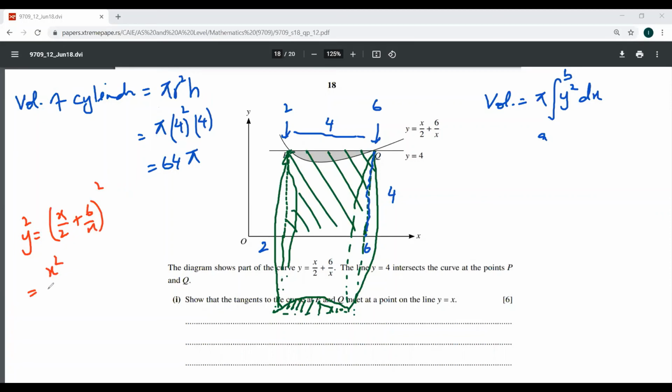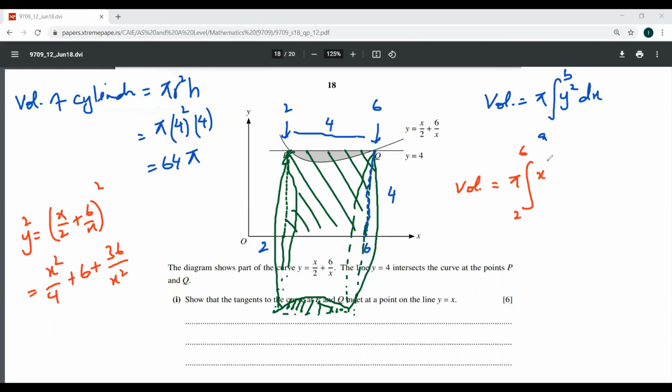This is x squared over 4. 2 into this, the x's will be cancelled, so 6 will be left, plus 36 over x squared. So the volume of this shaded part would be pi, limit from 2 to 6.